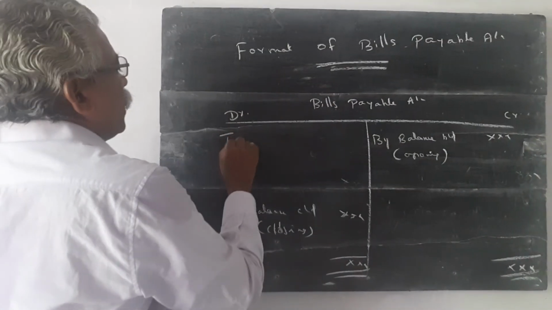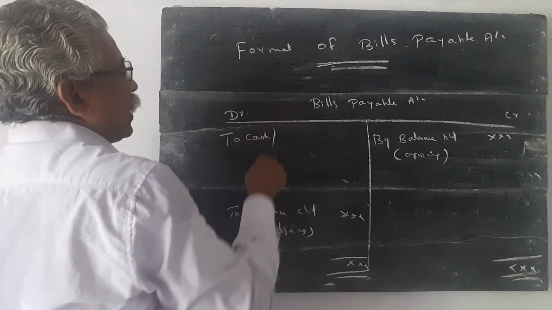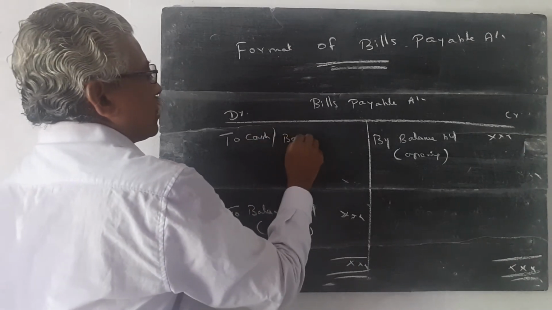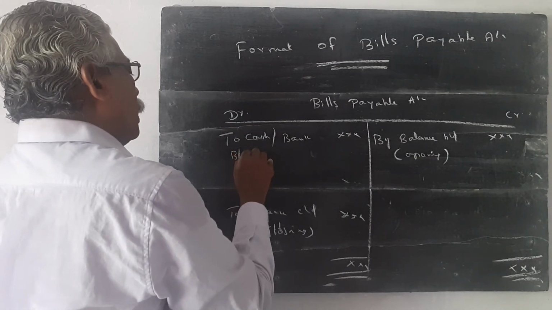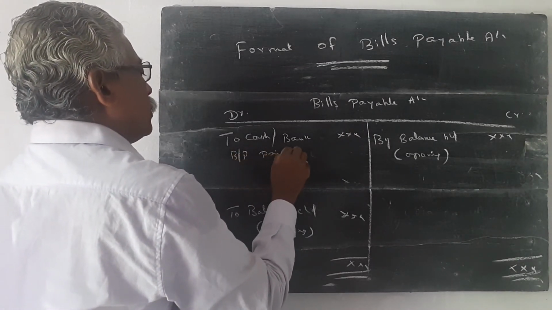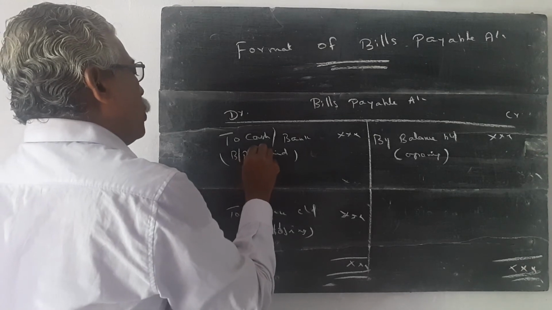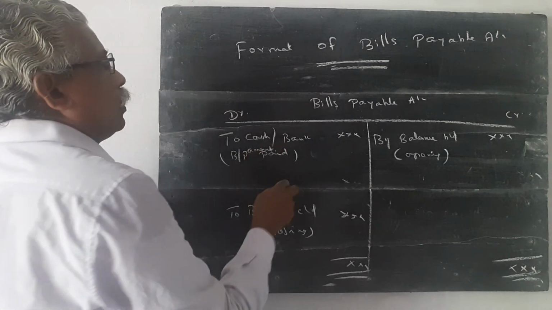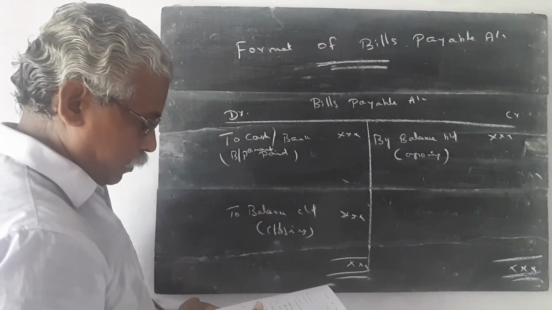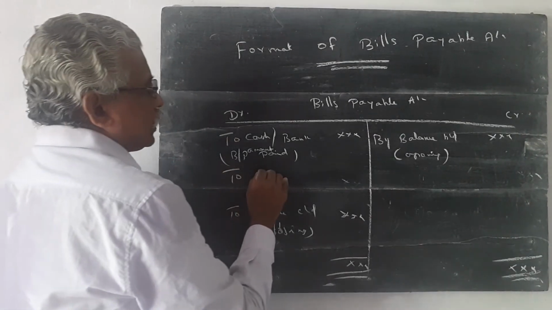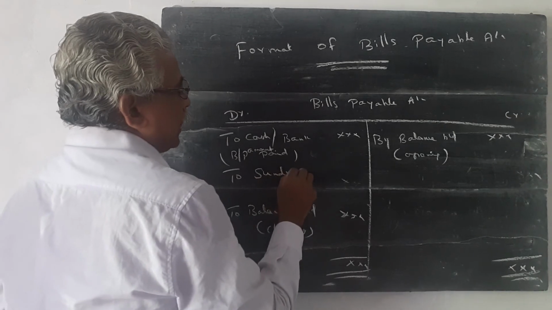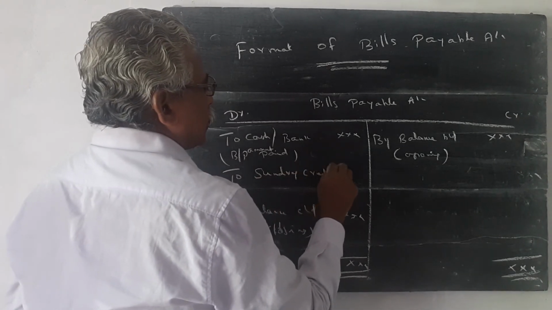Any bills payable amount is paid, we can write cash or bank. Bills payable amount paid is entered in the debit side. Then any bills payable dishonored, sundry creditors account.